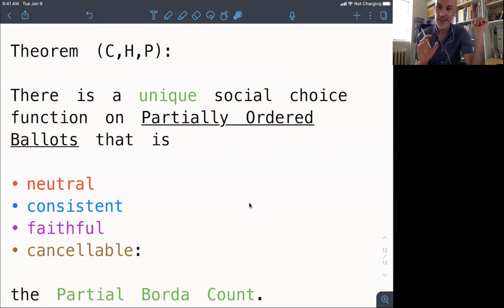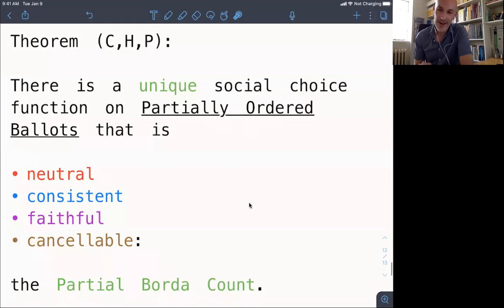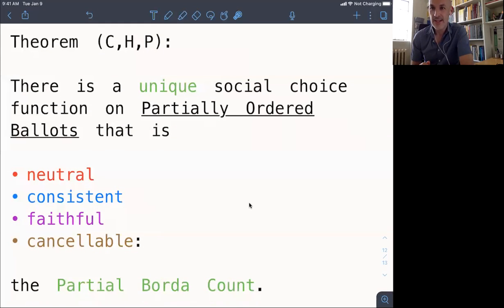Here's the thing I love about this theorem the most, and this is the most surprising thing to us. Nowhere in this theorem did we ever say that your function had to be based on scoring a ballot.